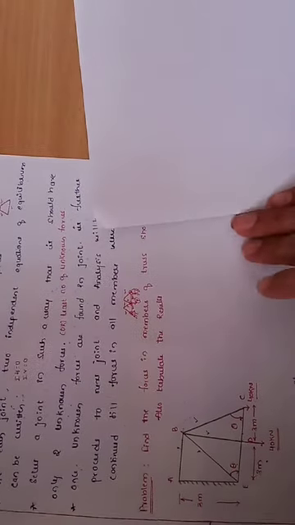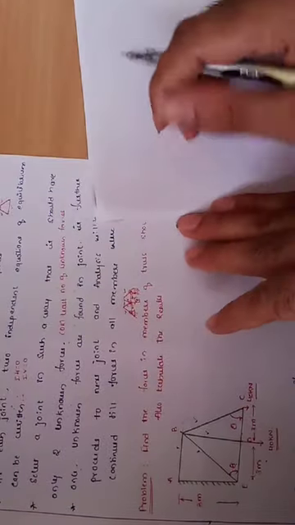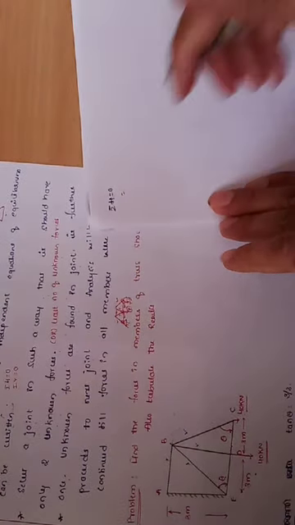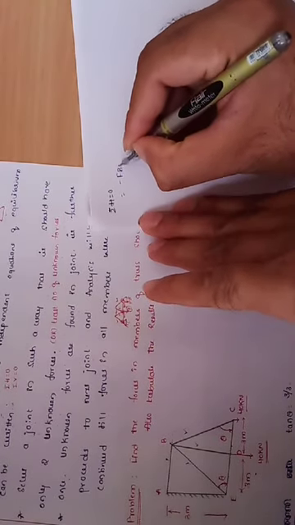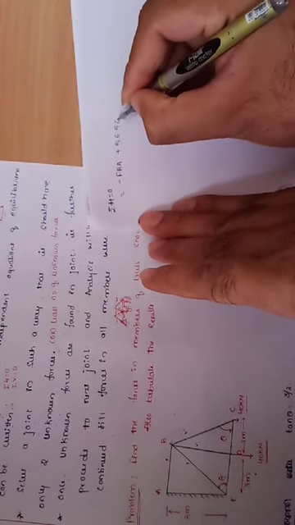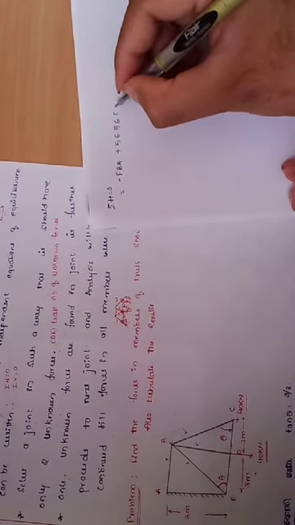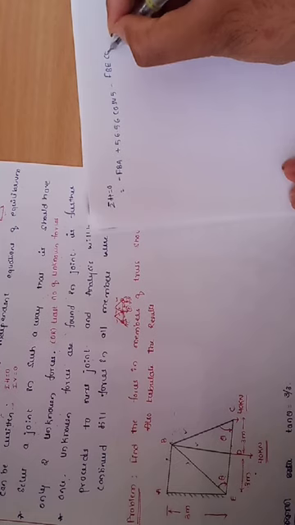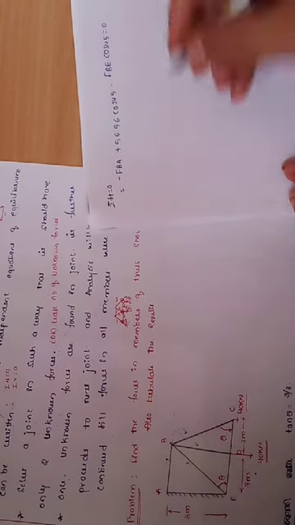So how can you reverse the direction? Substitute the FBE value in the summation of H equation, so that will be summation of H equal to 0. In that equation we have minus FBA and again plus 56.56 into cos 45 minus FBE into cos 45, which is equal to 0.